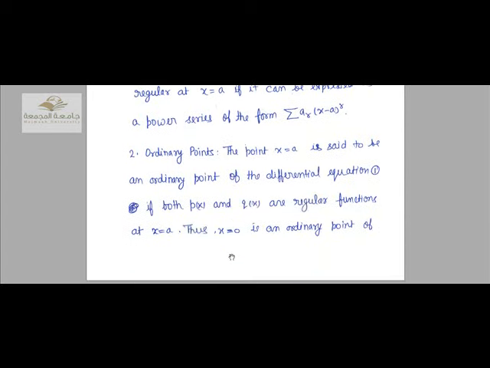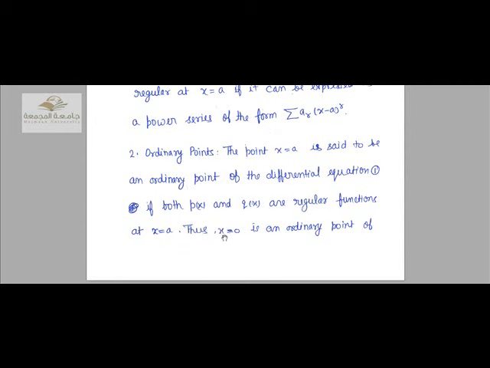Second one, ordinary point. The point x is equal to a is said to be an ordinary point of the differential equation 1 if both p(x) and q(x) are regular functions at x is equal to a.